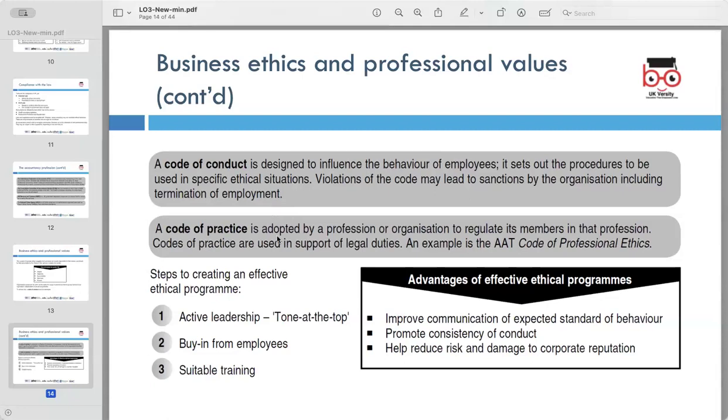For example, the AAT code of professional ethics serves as a guiding framework for accounting professionals. Creating an effective ethics program involves steps such as active leadership, buy-in from employees, suitable training, and promoting consistency of conduct. Effective ethical programs offer advantages such as improved communication of expected standards of behavior, and reduced risk and damage to corporate reputation.